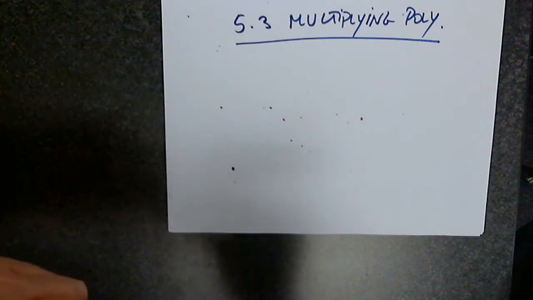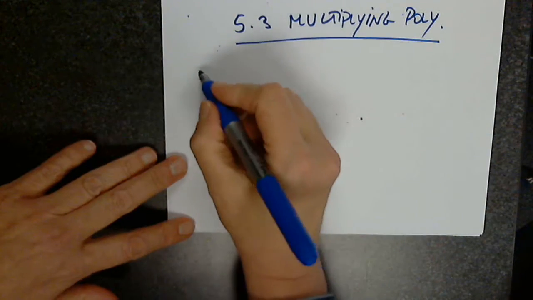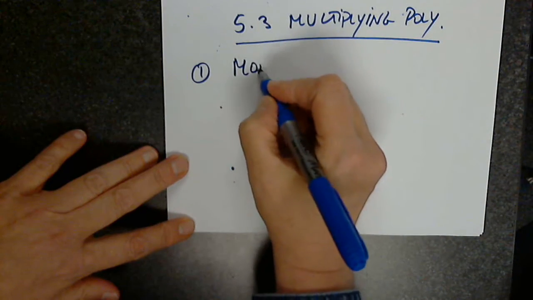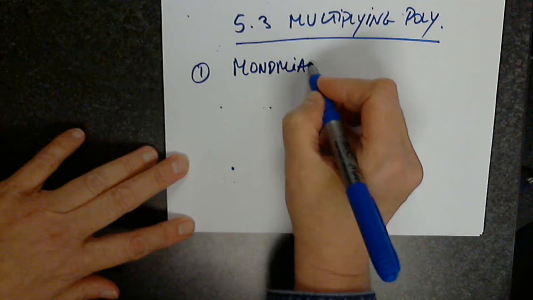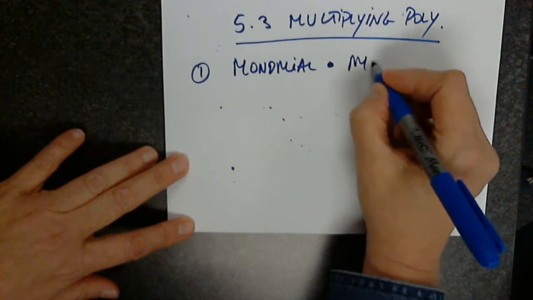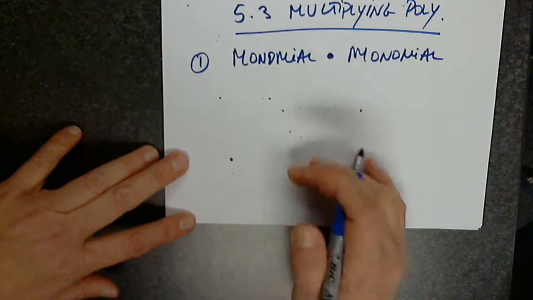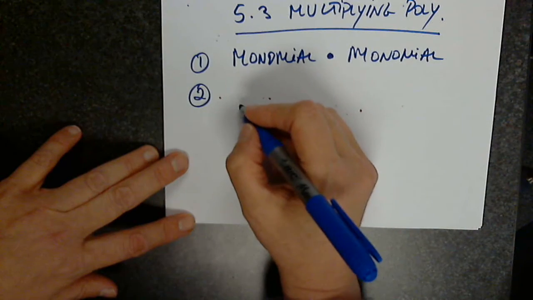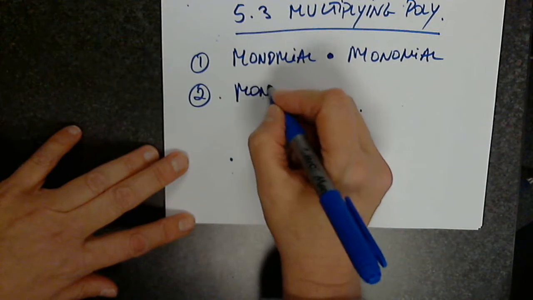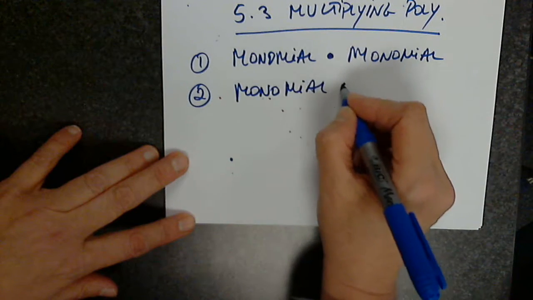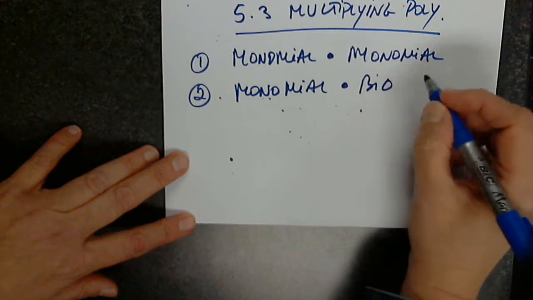There are several different situations here. Situation number 1, monomial multiplied by monomial. Situation number 2, monomial multiplied by a binomial. Oops.